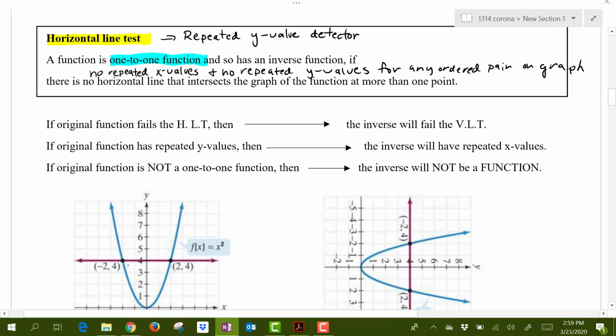So the first picture that we see here, we have a horizontal line that crosses that graph more than once. This fails the horizontal line test. So we notice that what it has found is repeated y's.